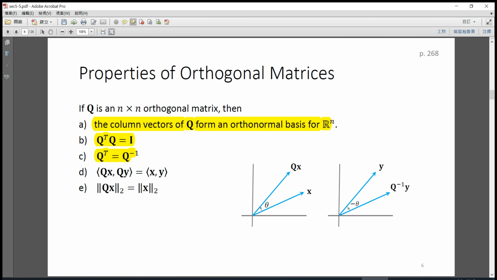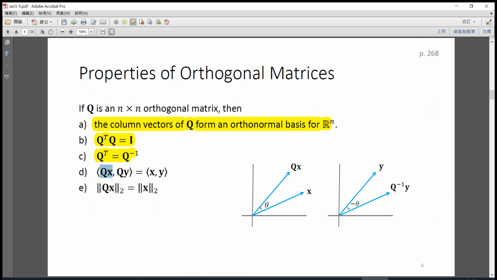This equality holds because we have Q transpose Q equals QQ transpose equals the identity matrix, and therefore Q transpose equals Q inverse. In fact, not only the column vectors of Q form an orthonormal set, but also the row vectors of Q form an orthonormal set.